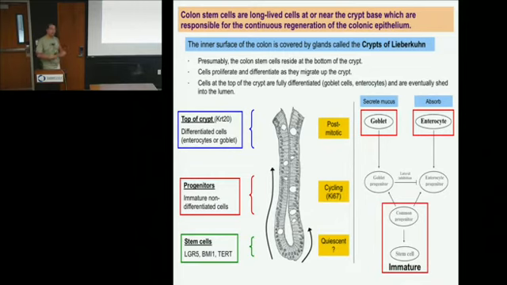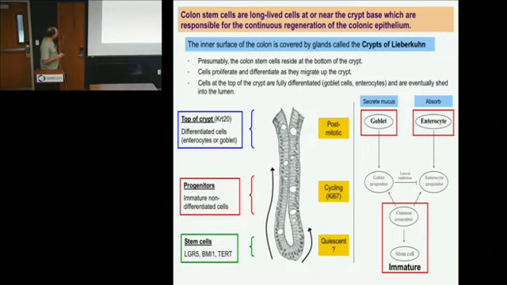As they do, they become ever more specialized in their function until they reach the top, and they've specialized into becoming either goblet cells, which secrete mucus, or colonocytes, which absorb things. Those are the two fates. Then they get sloughed off at the top, and the whole process repeats itself, basically every week. So this is a huge amount of turnover going on in your body all the time. Your colon is constantly creating these cells and then sloughing them off.